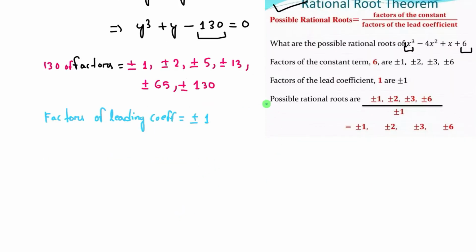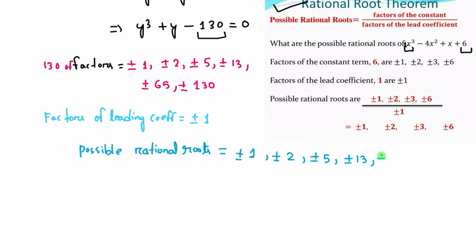Dividing the factors by 1, we get the same values. So the possible rational roots are plus or minus 1, 2, 5, 13, 65 and 130.